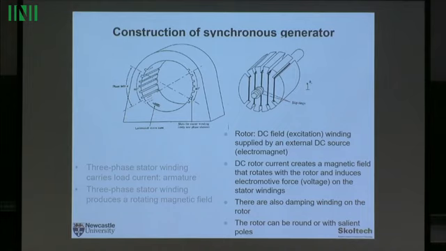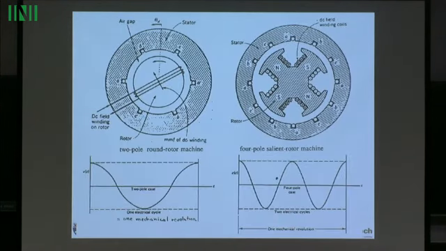Also, the rotor can be round, meaning the air gap between the rotor and the stator is constant, or it can be a so-called salient rotor. This is the round rotor, and this is a salient rotor with two pairs of poles. As you can see, the gap is different here than there. It will have some consequences for our modeling.